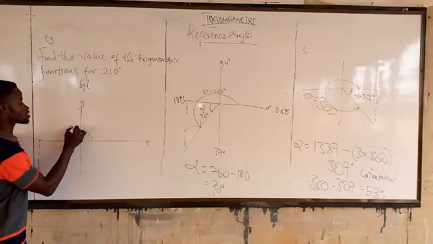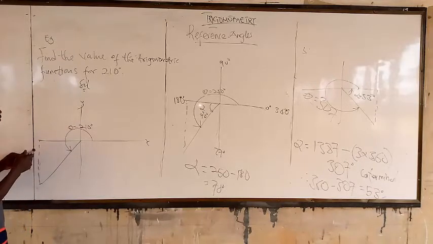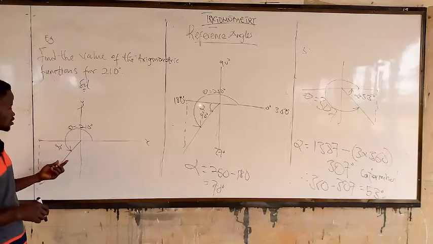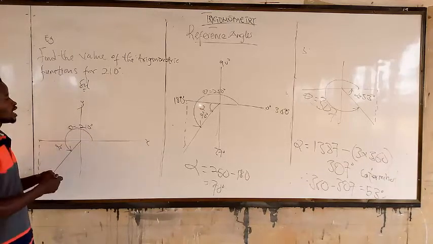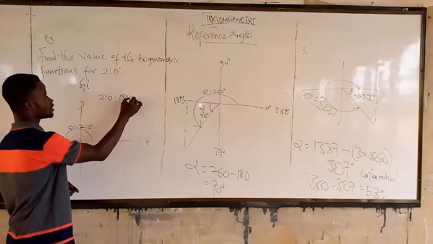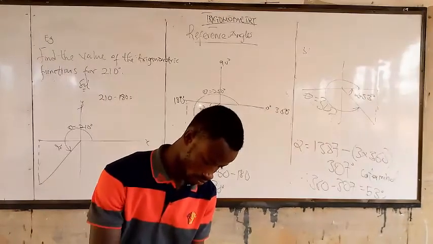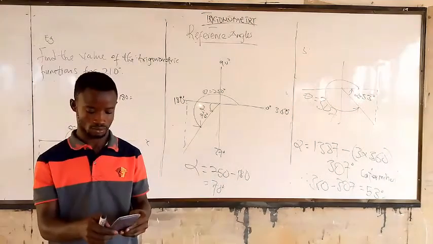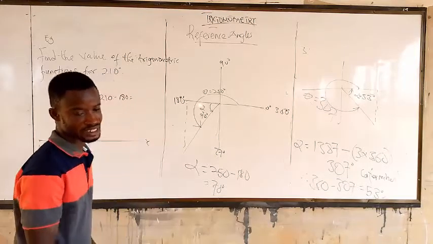If theta is equal to 210 degrees, what do you think the reference angle will be? The reference angle alpha will be equal to, that is, when you subtract 180 from the 210. And 210 minus 180 is just going to be 30 degrees.